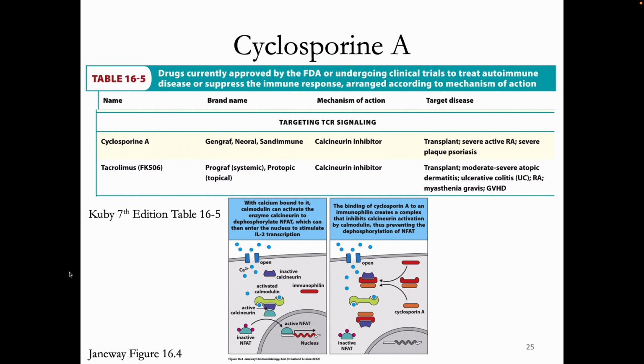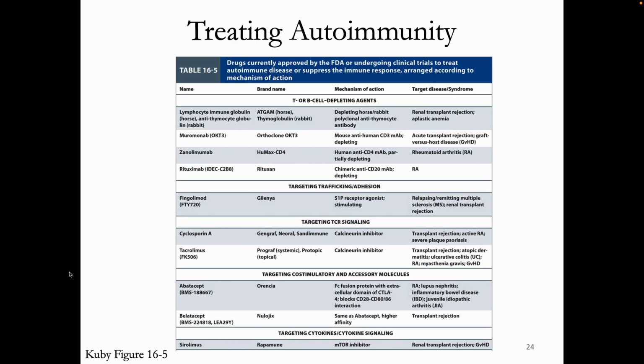But there has been a lot of additional work in coming up with some other therapies for autoimmune diseases. And you can see some of them in this table. What you can notice in this table is that if you look at many of the drugs, and we're going to go through some of these drugs specifically, many of them have things like MAB at the end of their name.